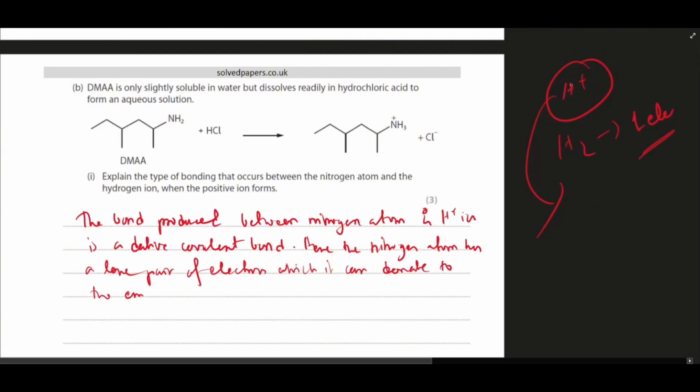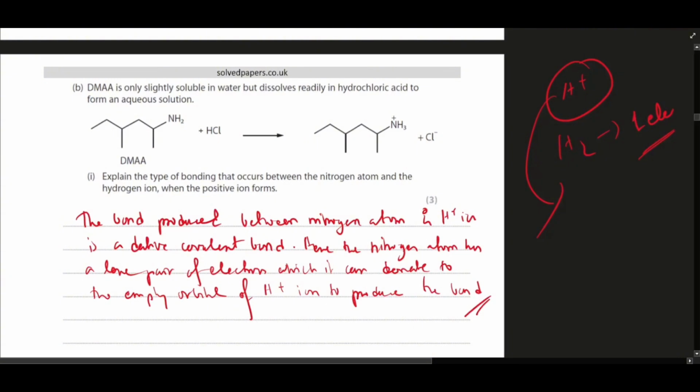That is why H plus is there. So we have an empty orbital, and that empty orbital can be occupied by the lone pair of electrons being donated by the nitrogen atom to the empty orbital of the H plus ion to produce the bond. Get my point? So that is it, a dative covalent bond.